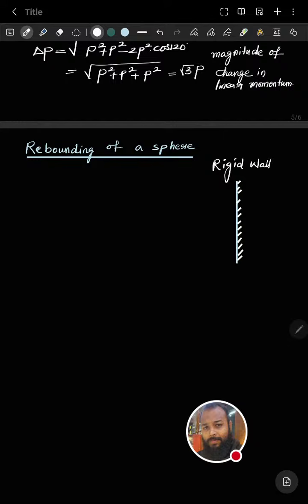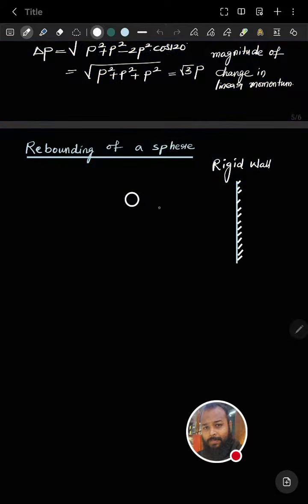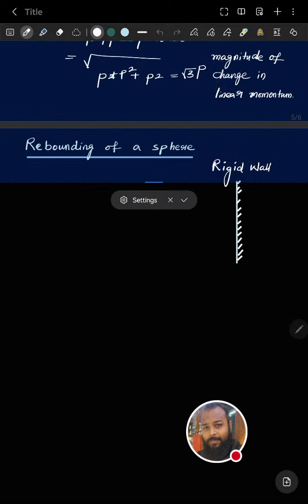So now I take a small sphere. Here is a small sphere. Observe carefully, very, very important, children.